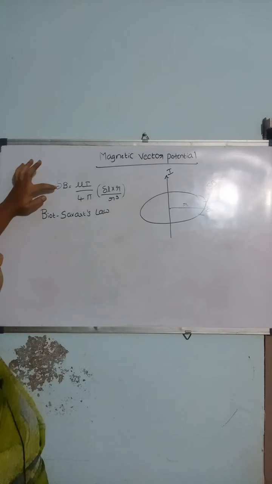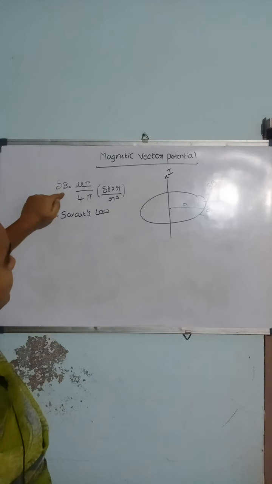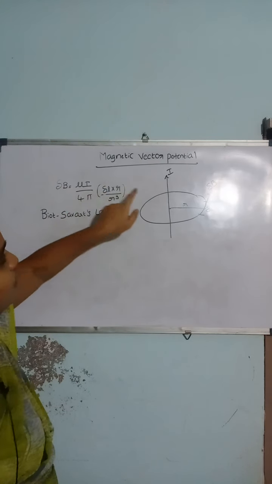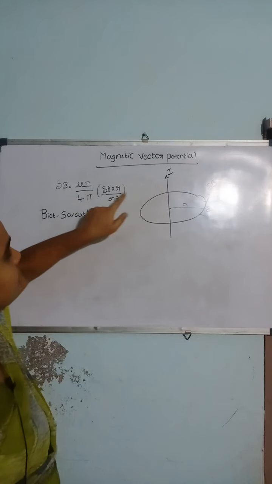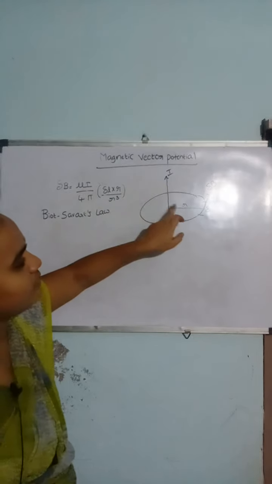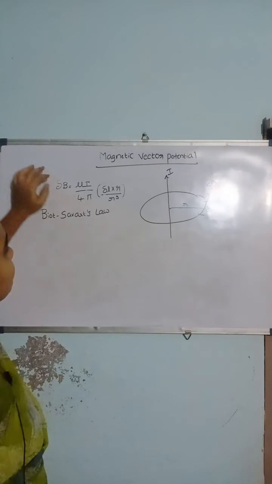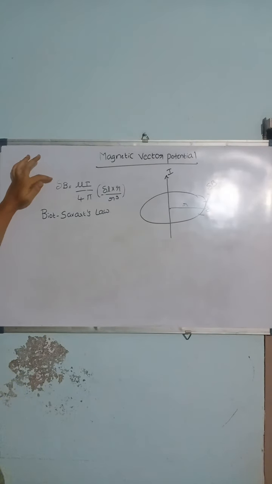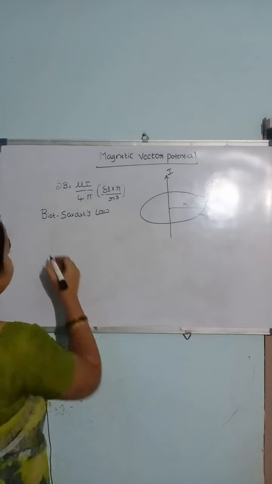The magnetic field generated by a small element delta L of a current carrying conductor carrying current I, at a distance r, is given by delta B equal to mu I by 4 pi delta L cross r by r cube.